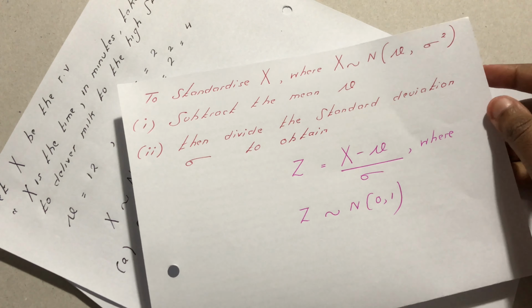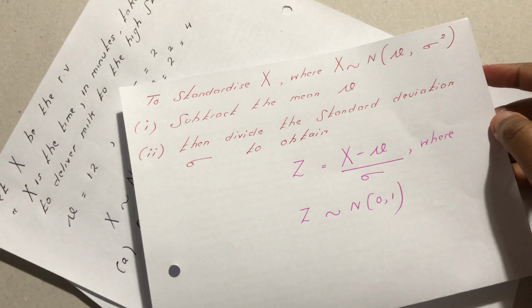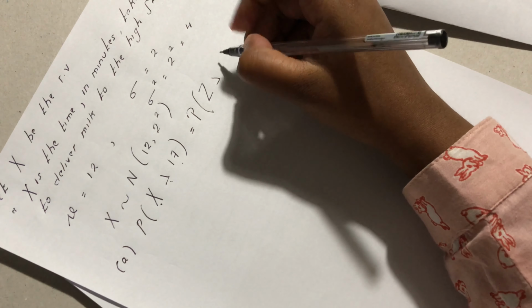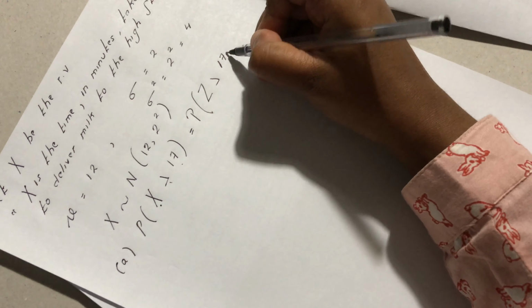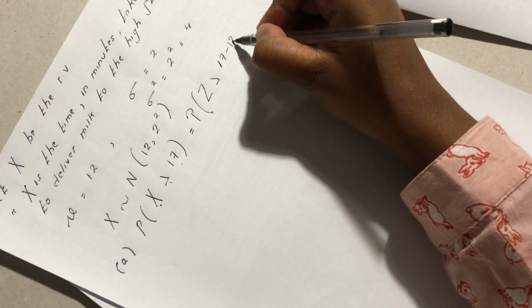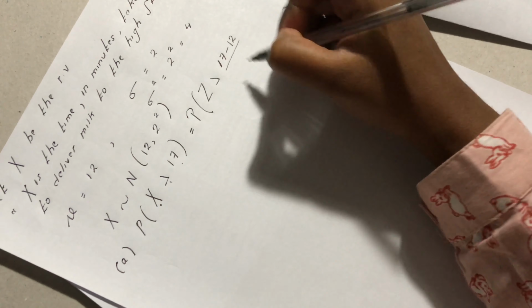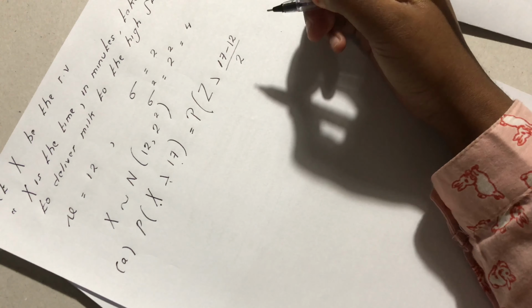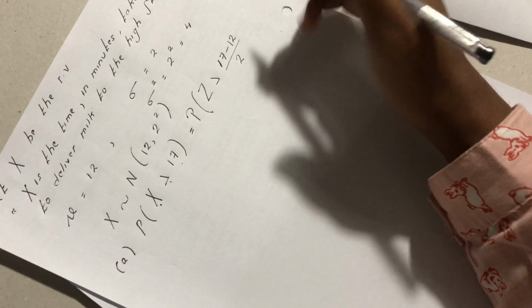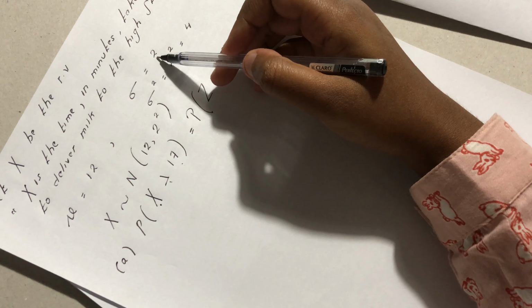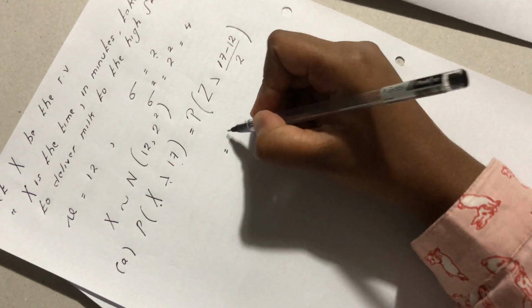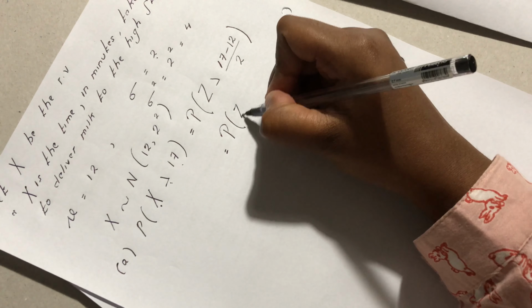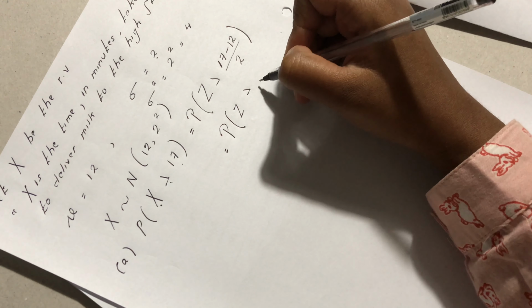We take x minus mu, and divide by sigma. So we have x, which is 17, minus the mean, which is 12, and then divide by sigma, which is 2. Now suppose in the question you were given the variance directly, then you would have taken the square root of that variance, but here you have already been given the standard deviation, so you simply divide by 2.